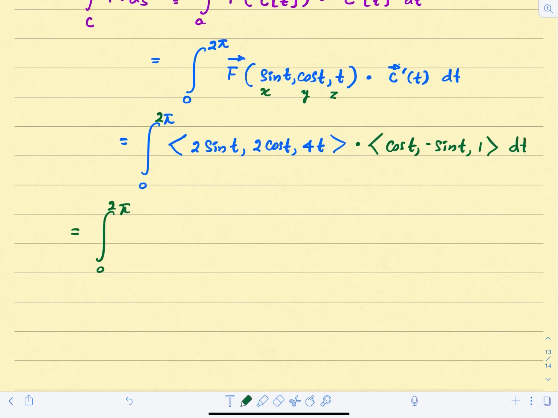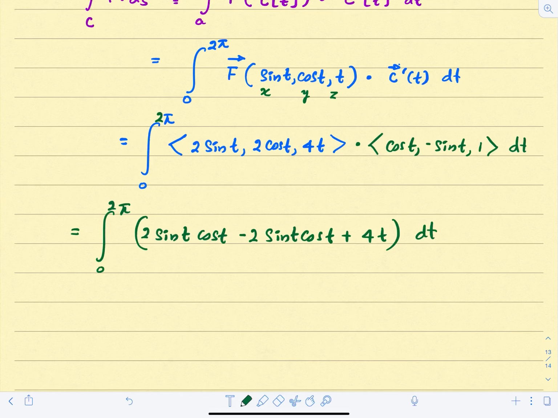Now let's calculate this dot product. You will get 2 sine t cosine t. So you should multiply the corresponding components and add them together. Then you will get minus 2 sine t cosine t plus 4t times 1 is 4t.